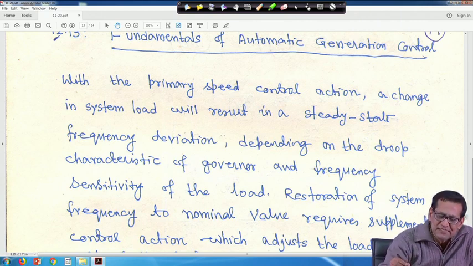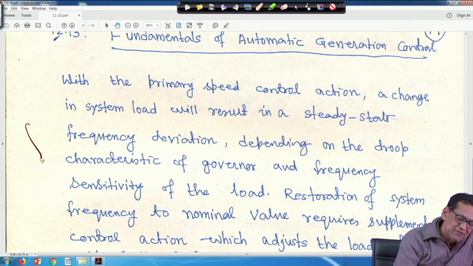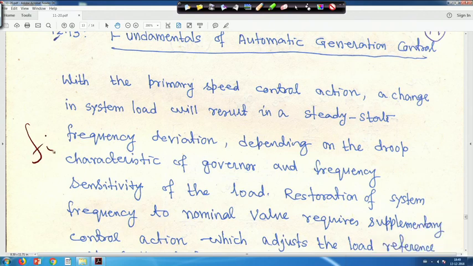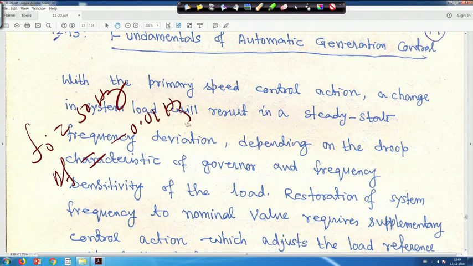Suppose initially it was operating at f0 equal to 50 hertz. After load disturbance it does not bring the deviation to 0, it shows some value, say delta f equal to minus 0.01 hertz.